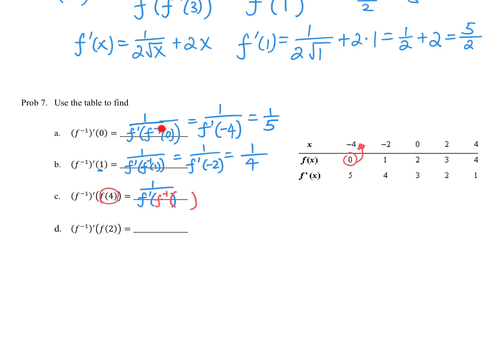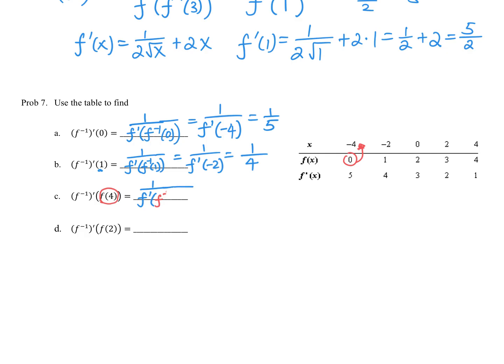When this is 0, this is f inverse of 0. You want to find the x value so that its y value is 0. You want to find the x value so that the y value is 1. So now here, you want to find the x value so that its y value is f of 4. Isn't the x value 4?